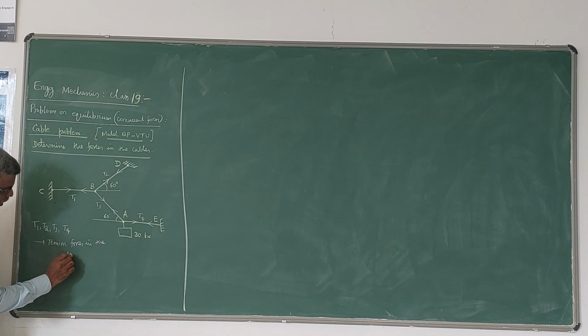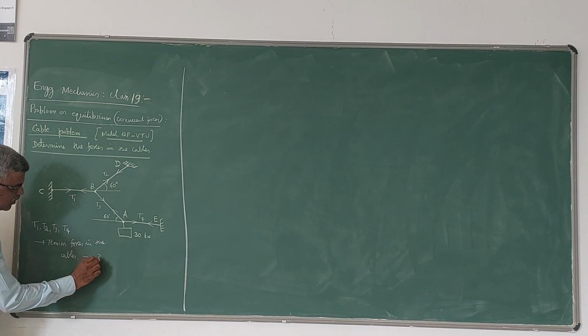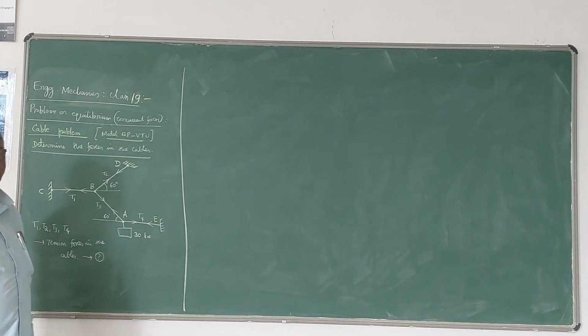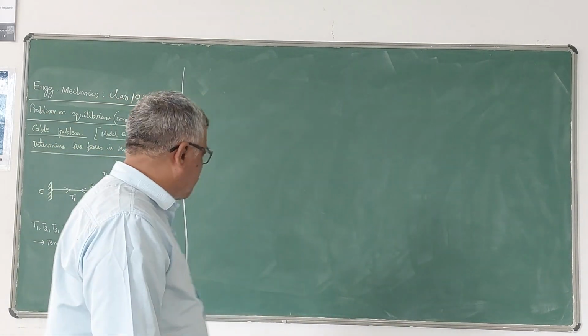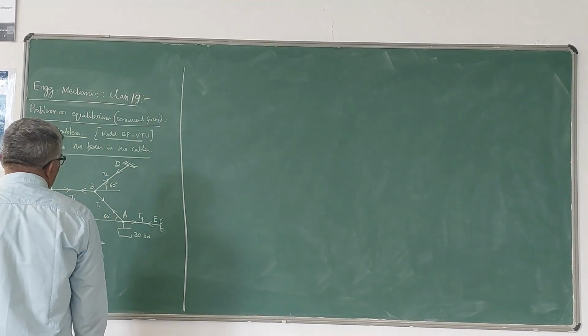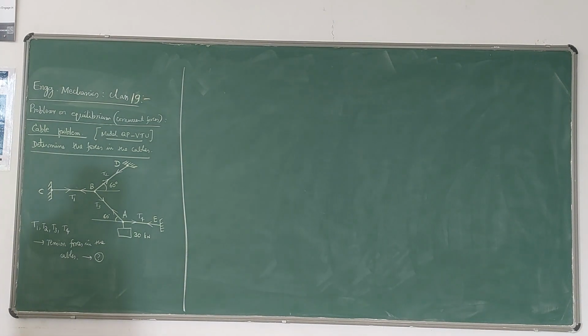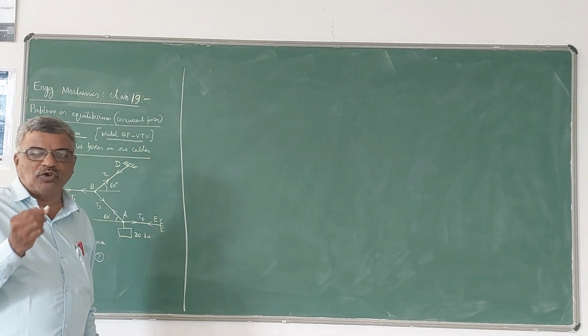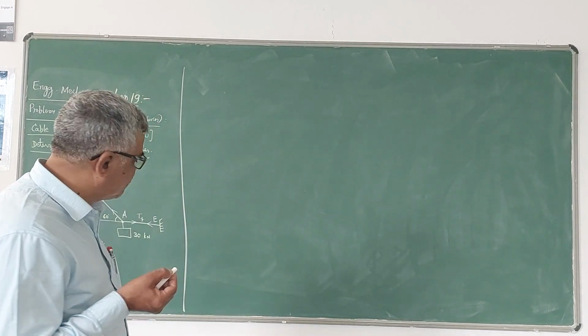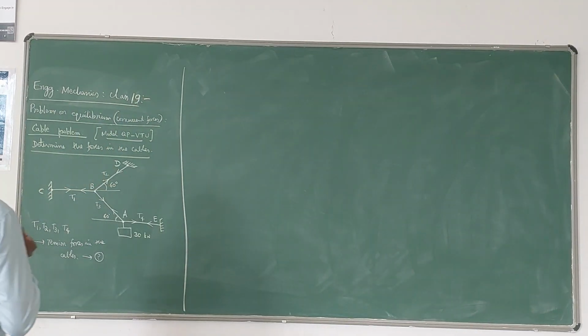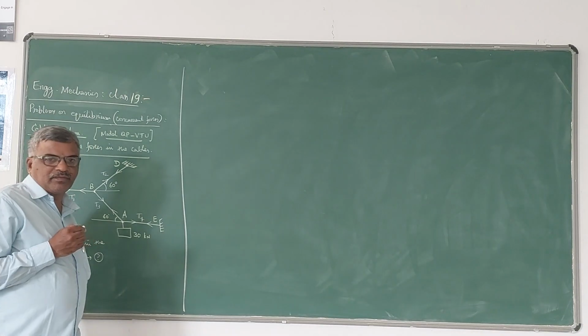So those are the unknowns now. There are 4 unknowns, so we need 4 equations to solve for those 4 unknown forces. As you know, we have to consider the equilibrium of the joints, and at the joints apply the equilibrium equations to find the unknown forces.